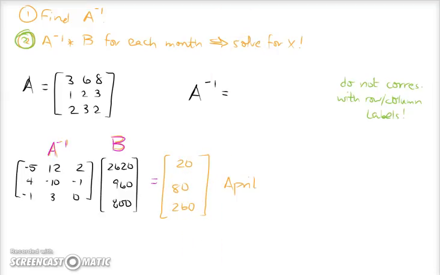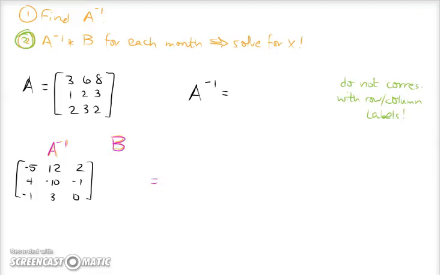Now you continue this same process of changing out that B matrix, and inserting a new matrix of B for each subsequent month, or for each subsequent person or family, whatever the case is.